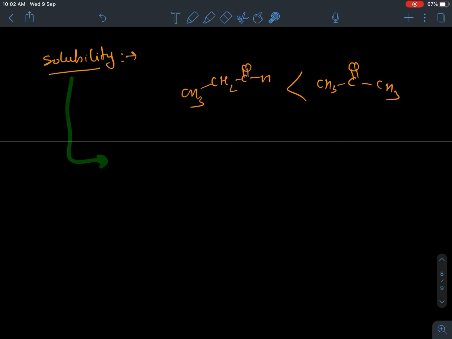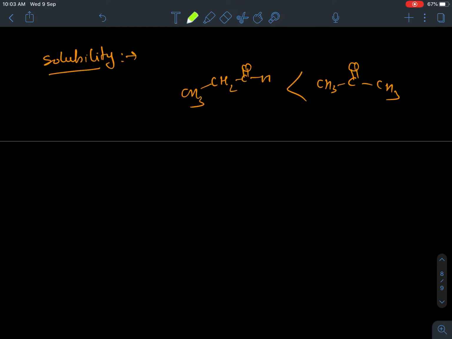I am talking about the solubility in water. By default, if there is no solvent mentioned, whenever I say solubility, I am referring to water, right? So solubility in water, the order will be this, just because of a very plain reason. It is having more bond polarity.